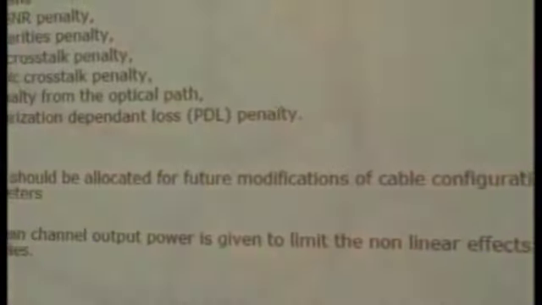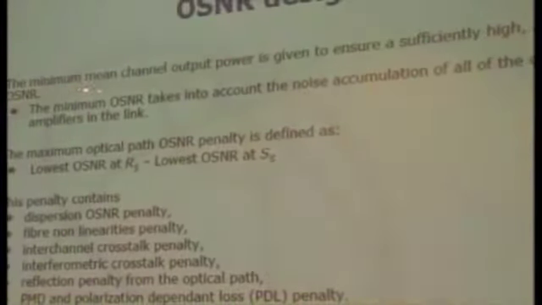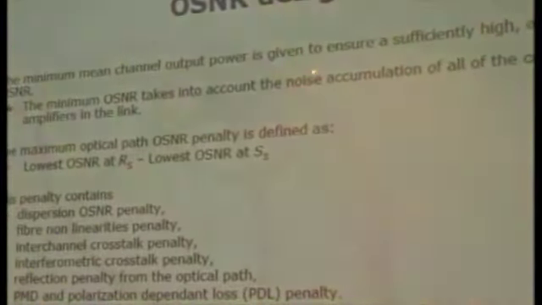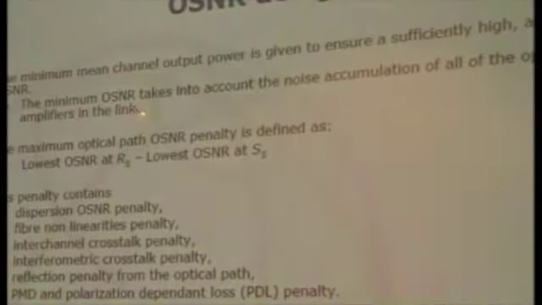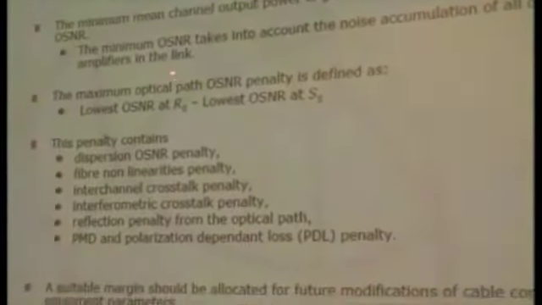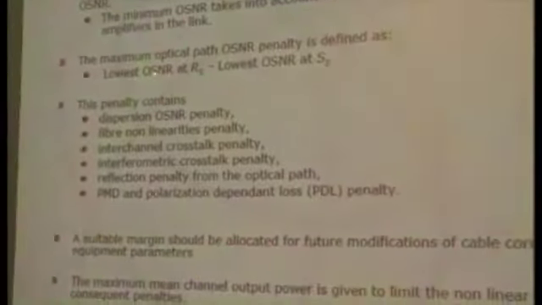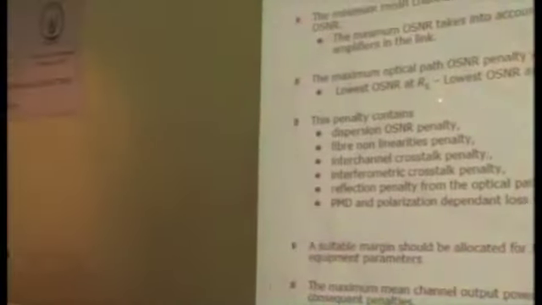So OSNR design, what does OSNR design mean? The minimum mean channel output power is given to ensure a sufficiently high, acceptable OSNR. So we say minimum OSNR has to take into account the noise accumulation of the optical amplifiers in the rings. And the maximum optical path OSNR penalty is defined as the lowest OSNR at the receiver side and the lowest OSNR at the sender side.